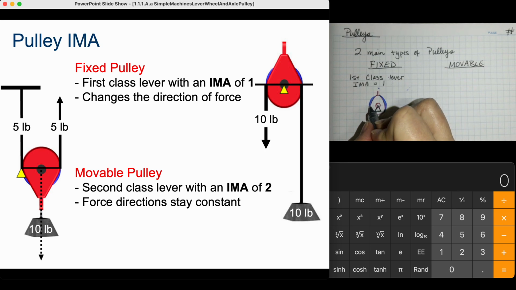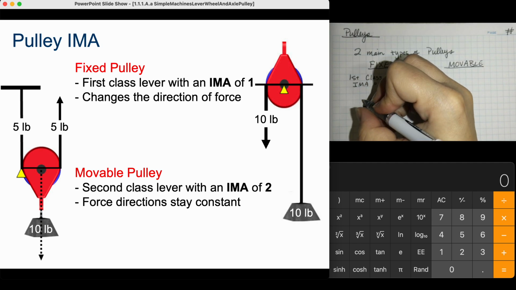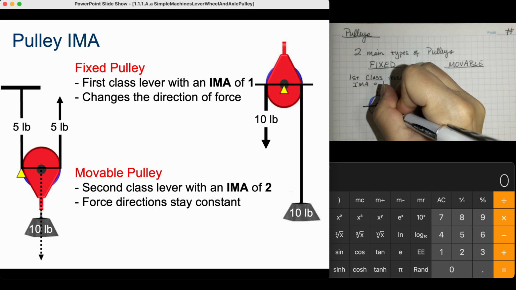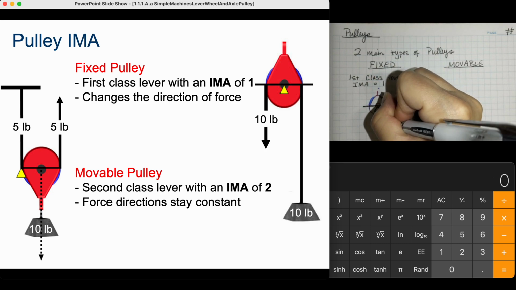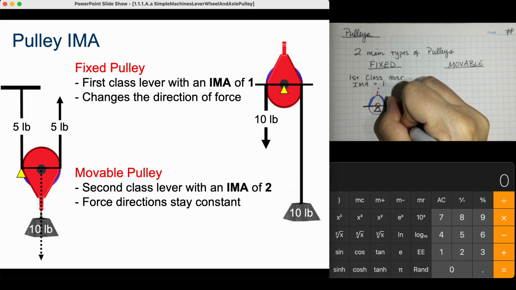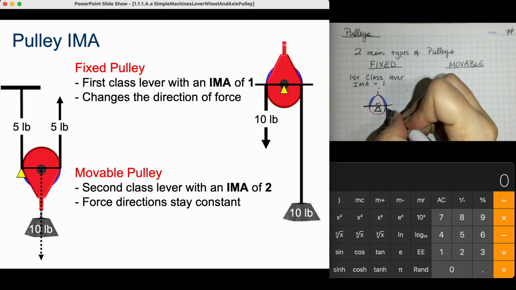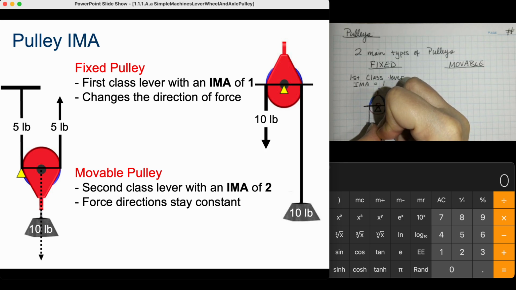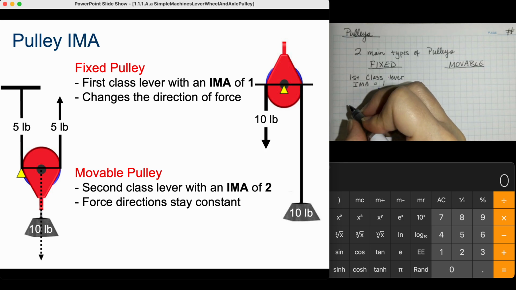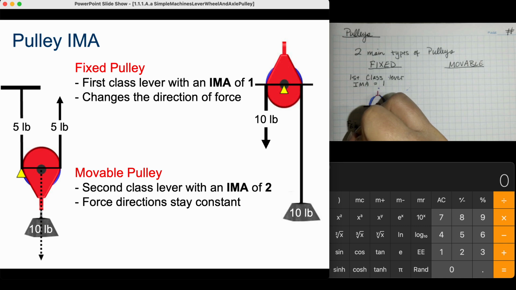And then you can see that as long as this is symmetrical, which it should be because it's a wheel, then you're going to have your resistance force, FR, whatever that load might be. Here in this example, it is a 10-pound weight. And so then on the other side, you're going to be pulling with an effort force of 10 pounds.